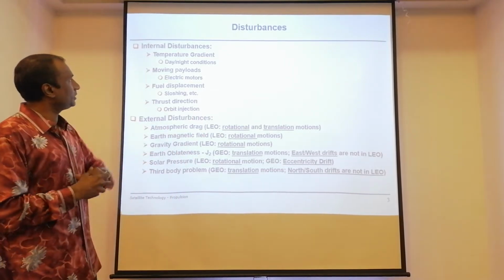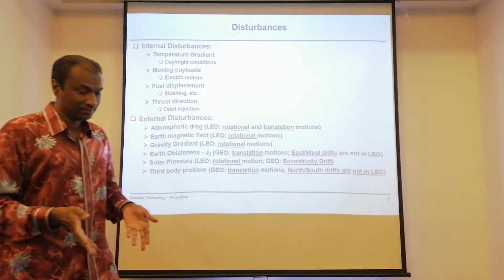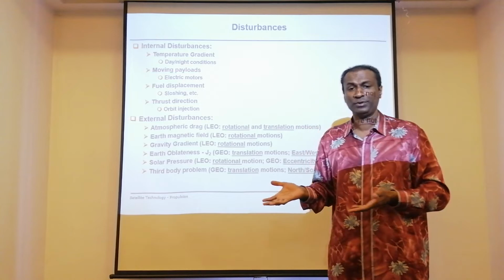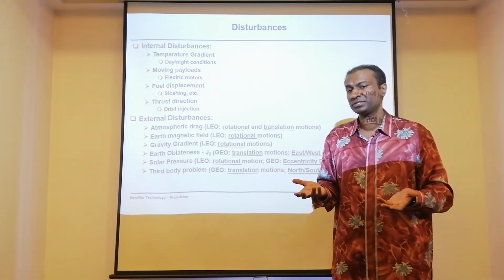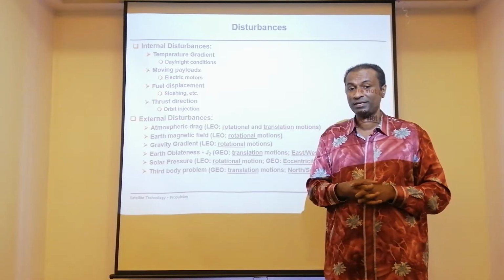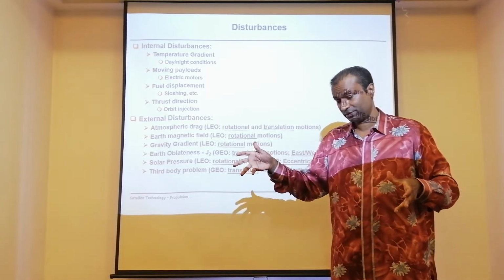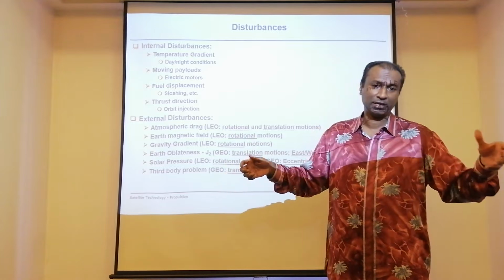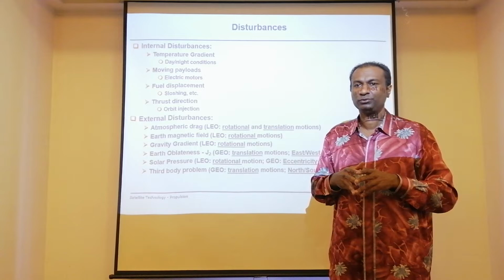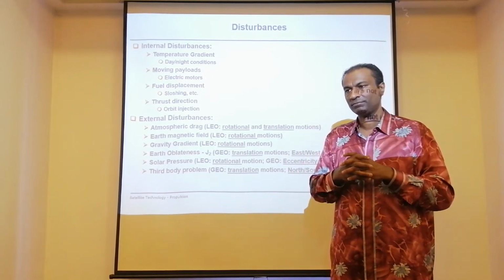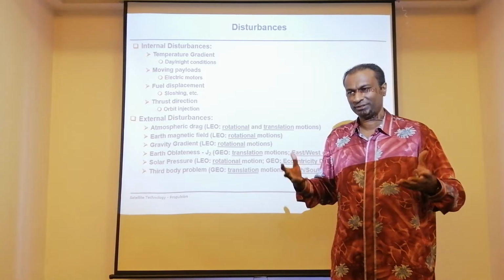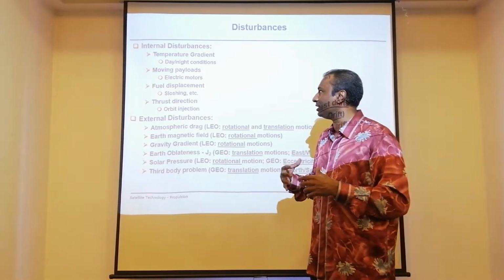For example, the temperature gradient: in the power system we have also seen that a temperature gradient will be there because we are going through the sun phase and then the eclipse phase. Therefore, we need another system to help keep the temperature in the right regime. That is why we have treated the thermal control system.